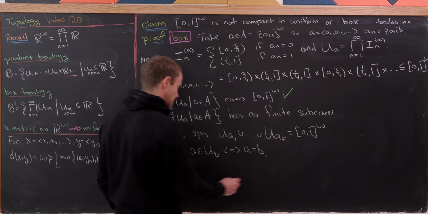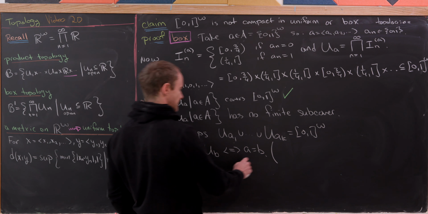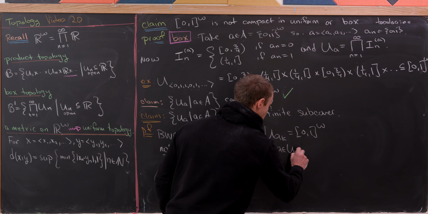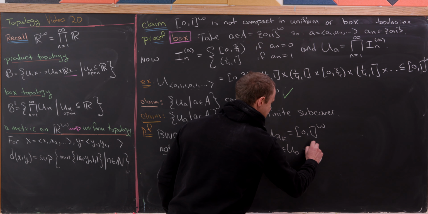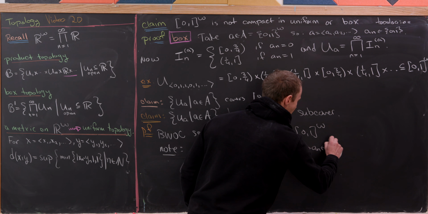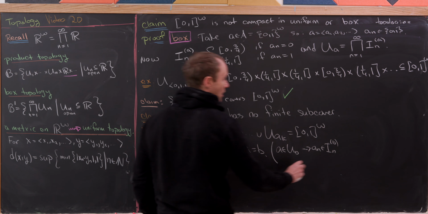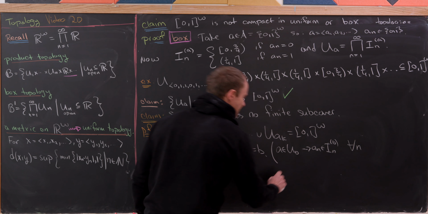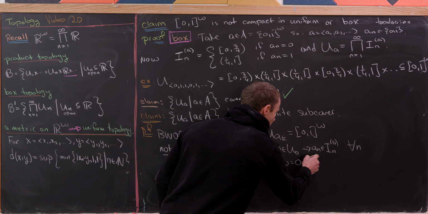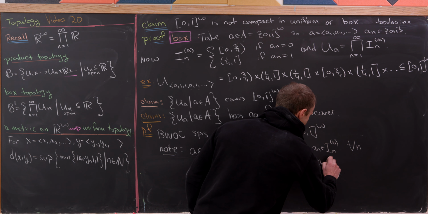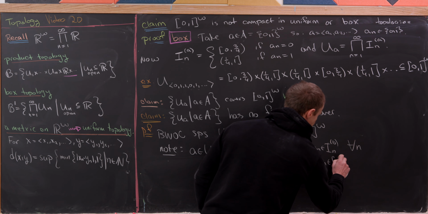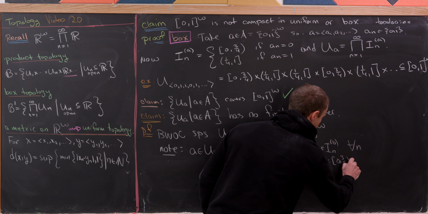Let's see it. Let's note that if A is in UB, then that means that AN is inside of I upper B, under N, for all N. But now if BN is equal to 0, that means that AN is on the interval from 0 to 3/4.